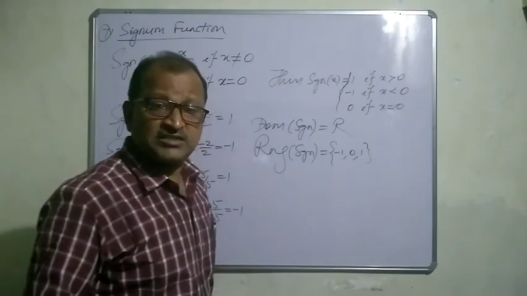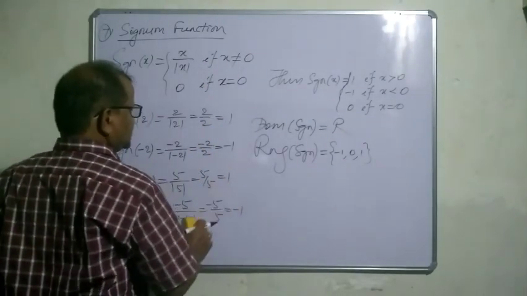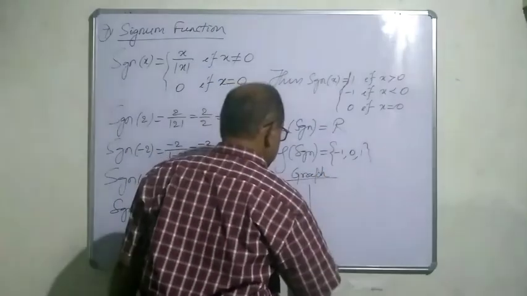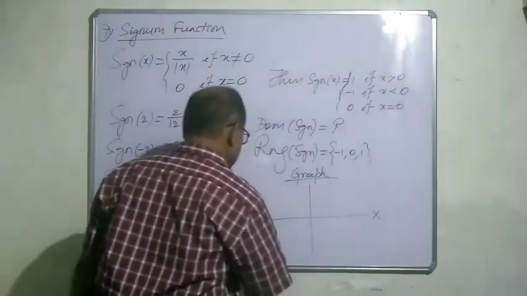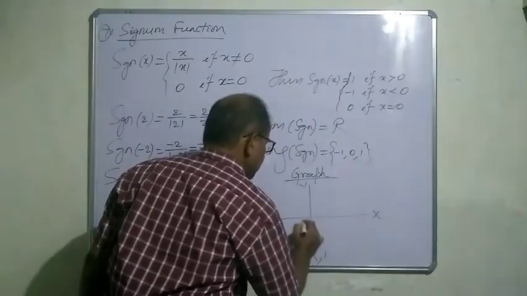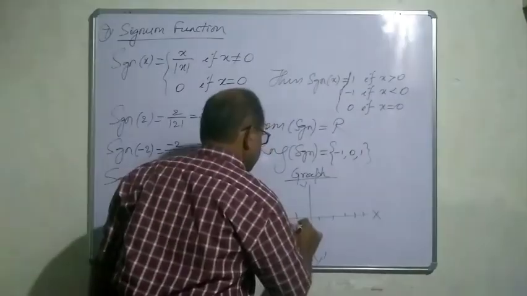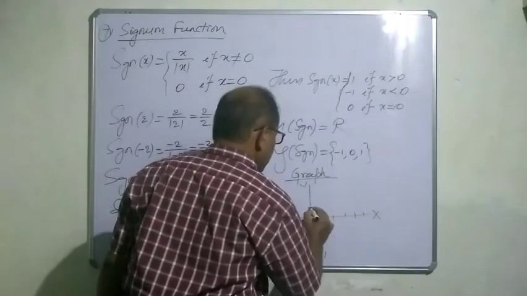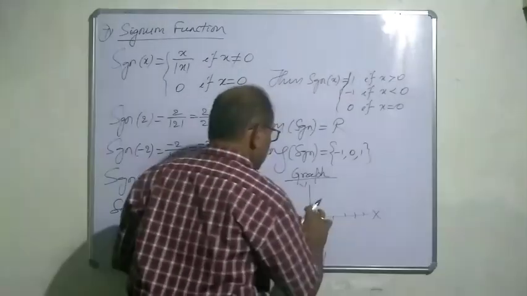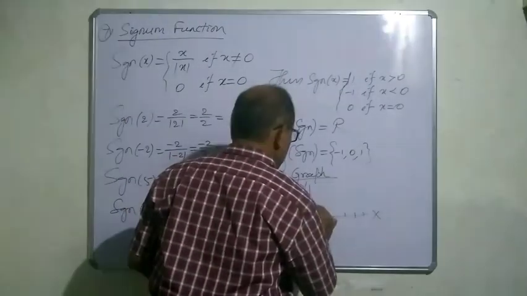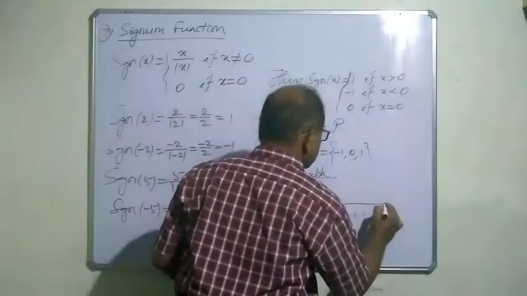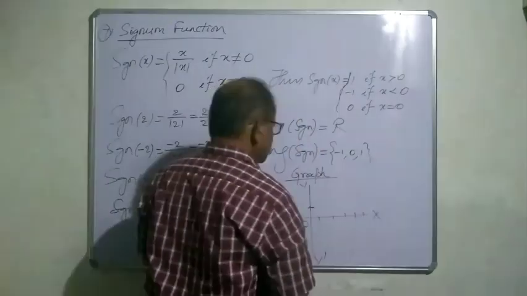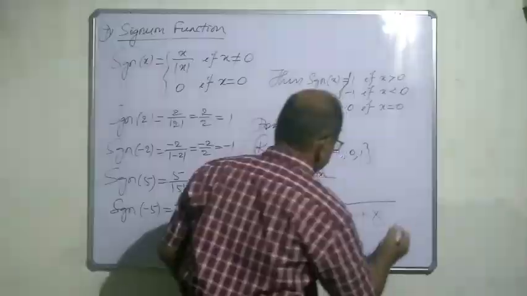Let us find its graph. It is very simple. You draw the coordinate axis like this. Everywhere it is 1 for positive values, just like your constant function.